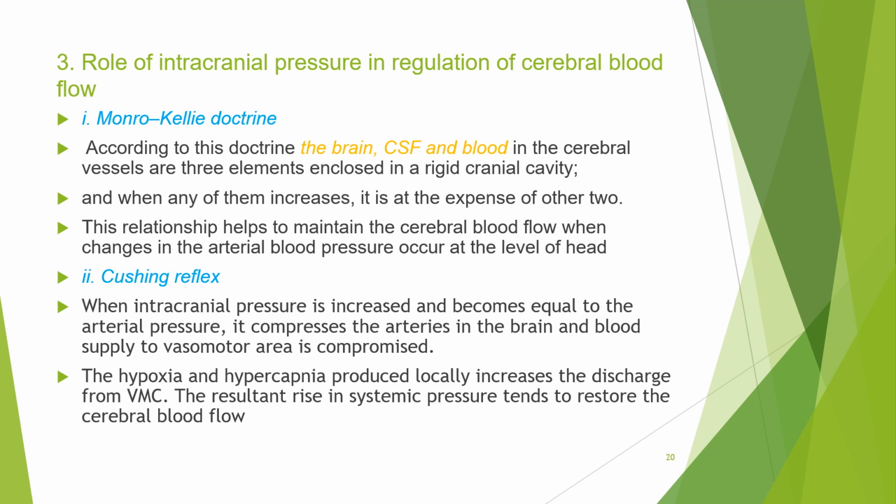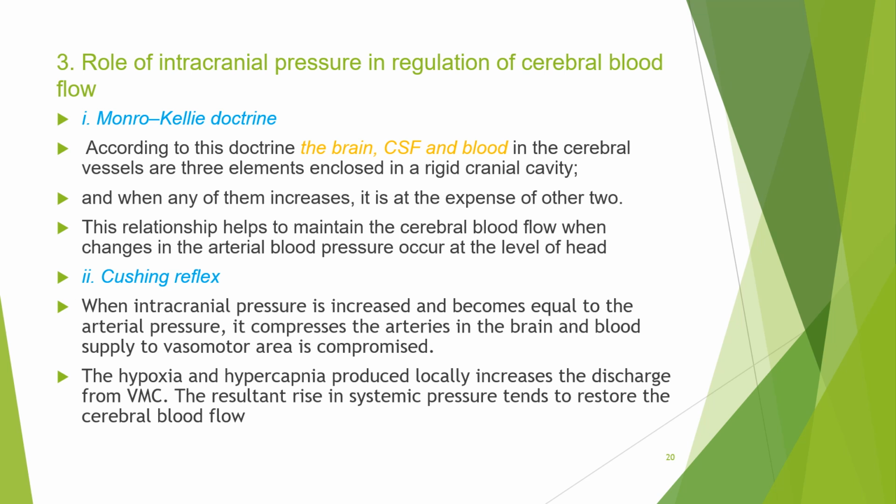So these are important in the changes in the gravity. That is, when the body is accelerated upwards. So when we are going upwards in a lift, for example, we are experiencing positive G. So what happens in that condition? The blood moves to the feet level and arterial pressure at the level of the head decreases.